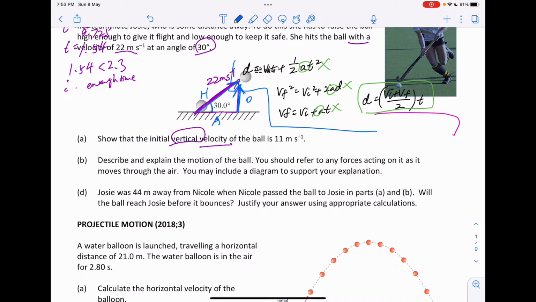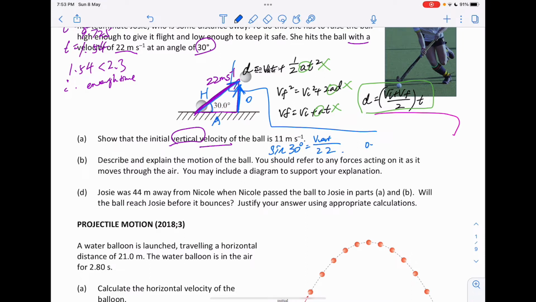So sine 30 degrees equals v vertical over 22. And sine 30 degrees is half. You can check it for me. Yeah, it is half.